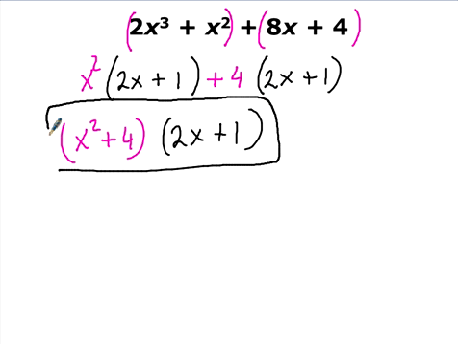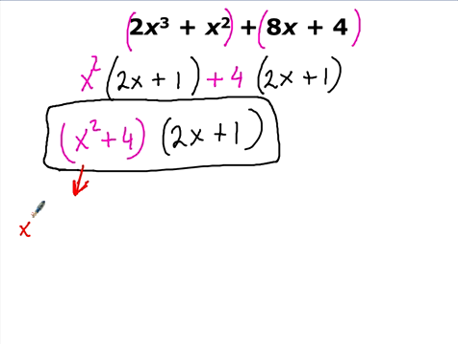Now notice one thing, this is not a difference of squares. It would be possible to factor this out more, but right now we are only working with rational factors or with real factors. But I can show you what I would do with this one also if I wanted to factor it out completely, but that would include some imaginary numbers.